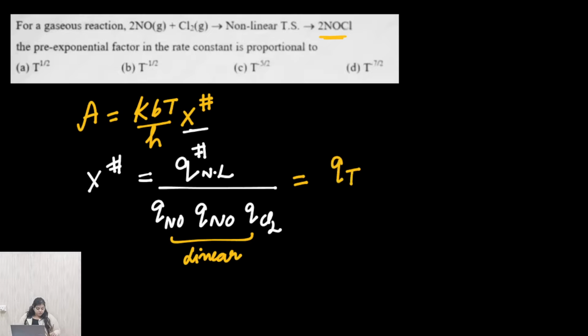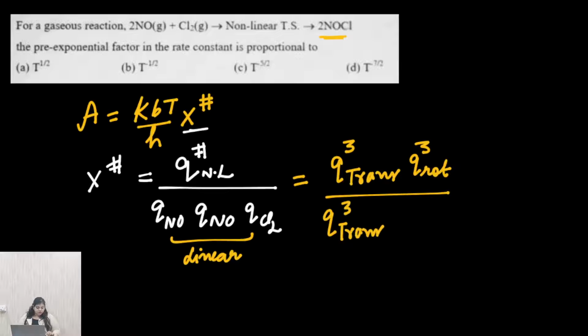The number of translational degrees of freedom is going to be 3, and the number of rotational degrees of freedom is also going to be 3 for non-linear molecules, right? For the linear molecules, it is going to be Q translational raised to the power of 3, because 3 translational degrees of freedom will be there, and 2 rotational degrees of freedom you will have for the linear one. So this is for the NO molecule.